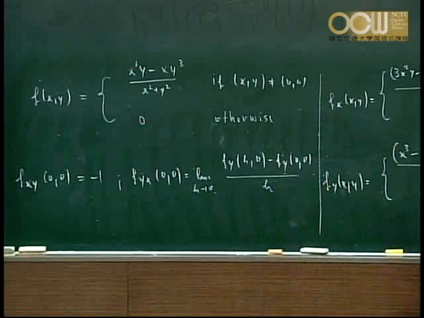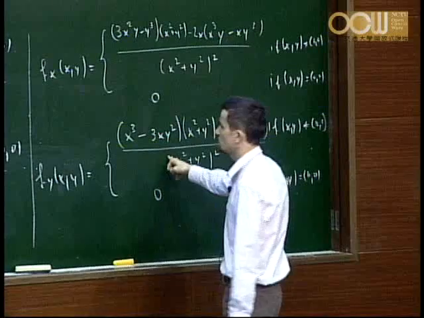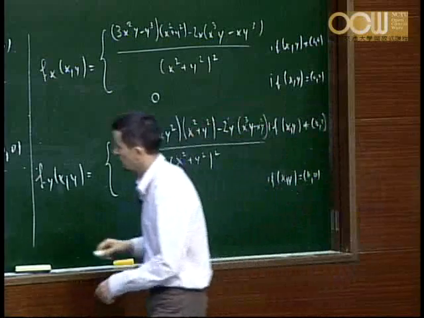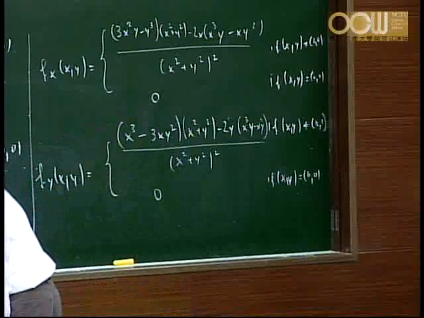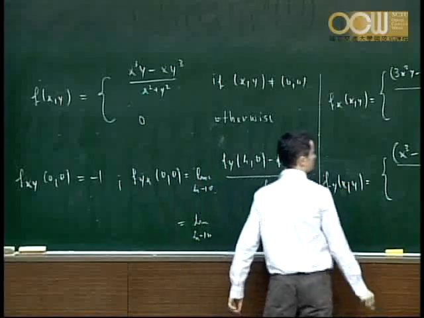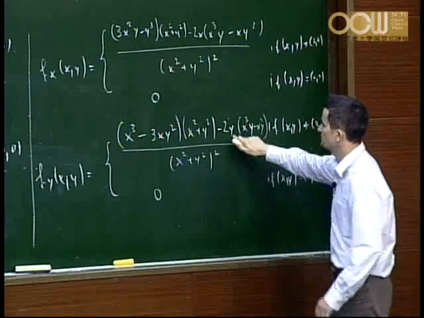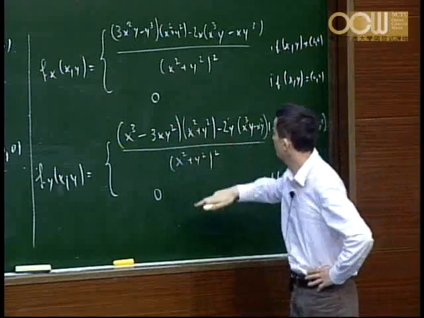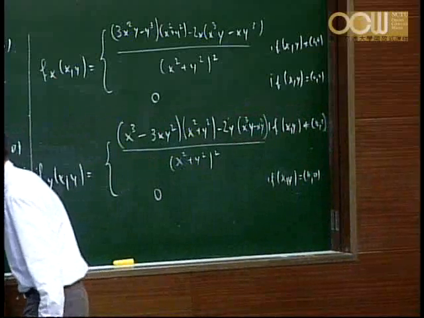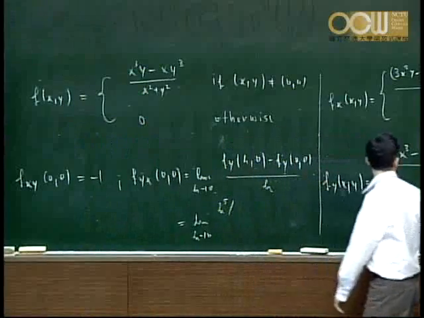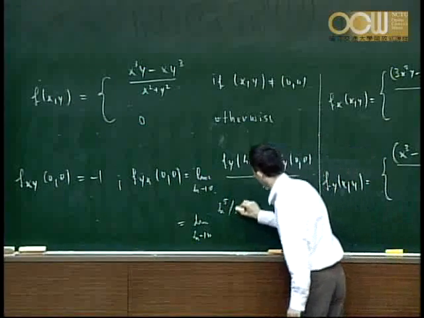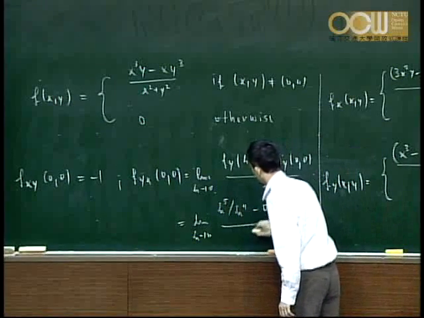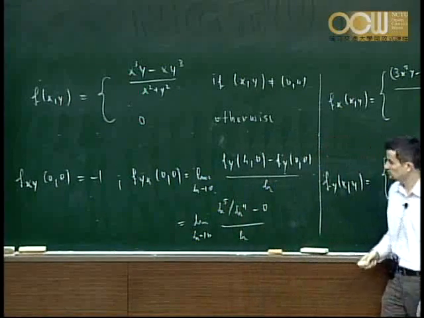Okay, so again, but now here we have to plug in y is equal to 0. If we plug in y is equal to 0, again we can drop this one. This is 0, this is 0, so we have h to the 5 over h to the 4, minus 0, over h. You see this is equal to 1.